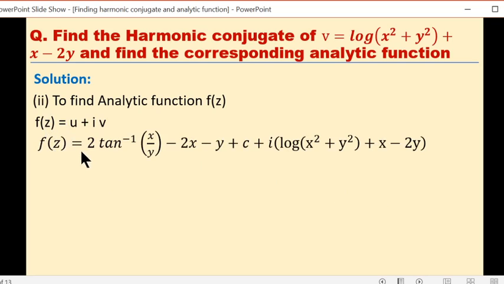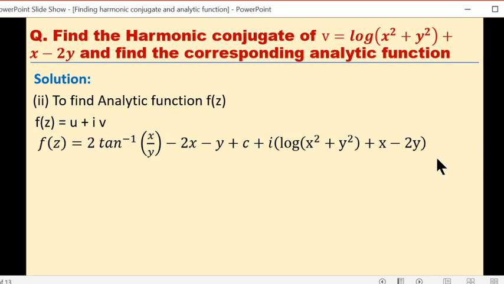So we get f of z equal to 2 tan inverse of x by y minus 2x minus y plus c plus I times v is substituted log of x square plus y square plus x minus 2y. Okay. Now when we say f of z, function of z, it has to be in terms of z. ये वाला तो in terms of x and y है. This is also correct, but then to be very proper, when we say f of z, it would be very nice if we can have this function in terms of z.